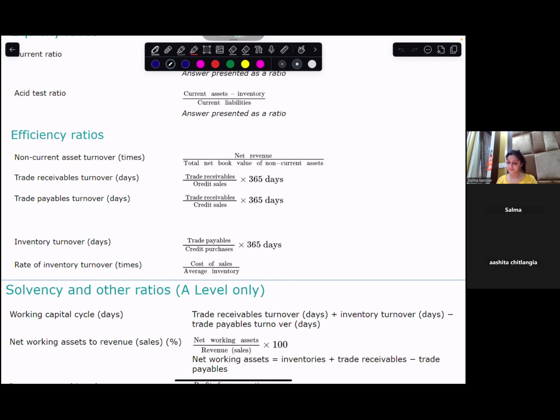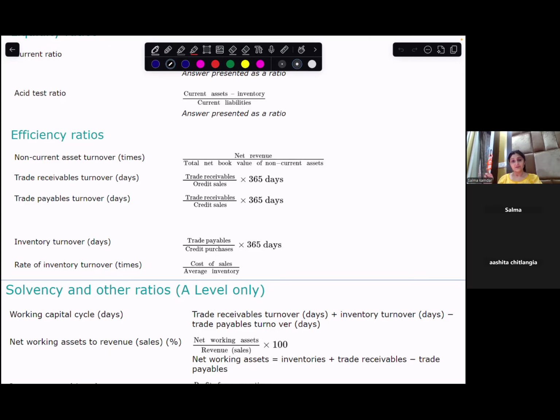Inventory turnover ratio? Inventory turnover ratio is cost of sales upon average inventory into 100. See, whenever you're doing anything in days, the name that comes first will be in the numerator, the name that comes later will be in the denominator. So average inventory, name that comes first, numerator. Okay.